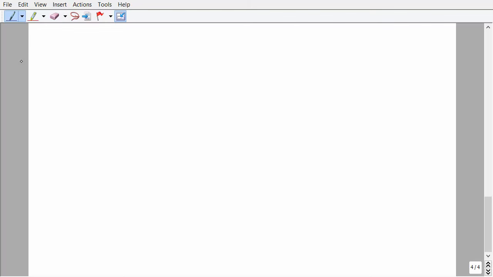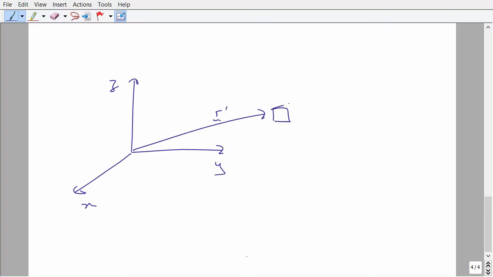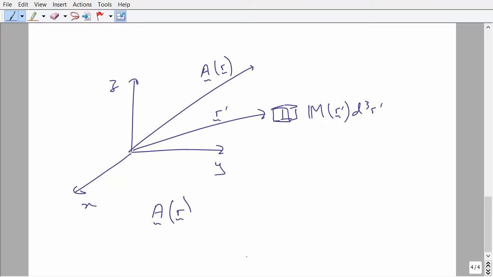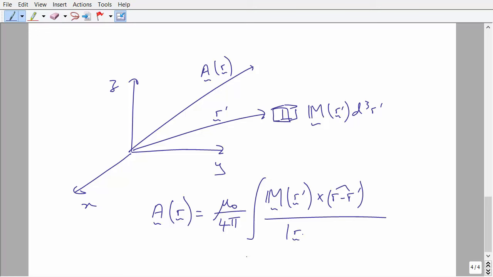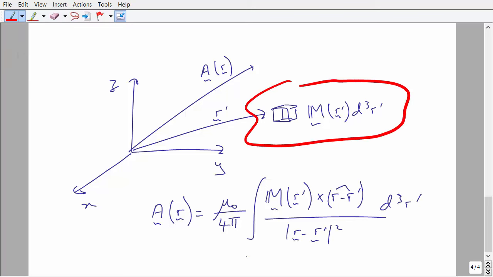Our procedure in developing our theory of magnetic materials will then follow a similar kind of direction. Okay, so this then is our starting point.